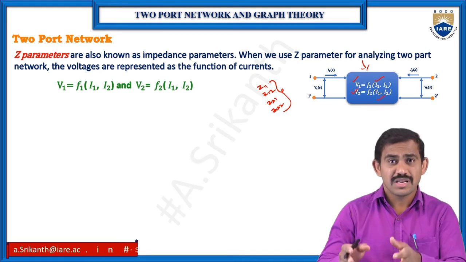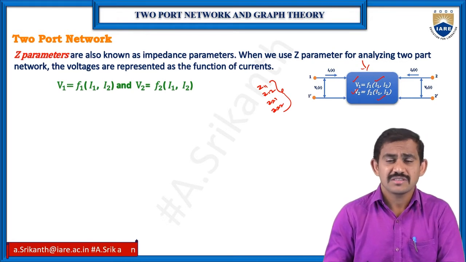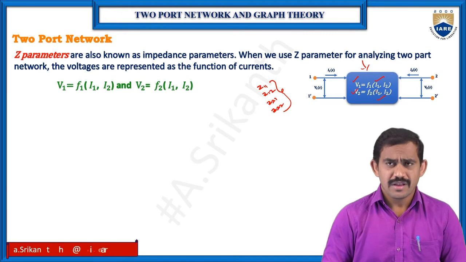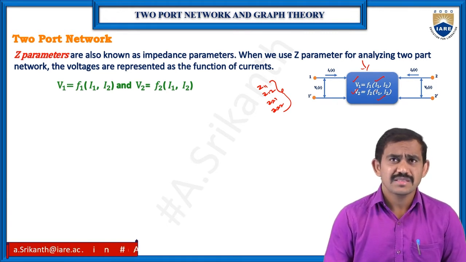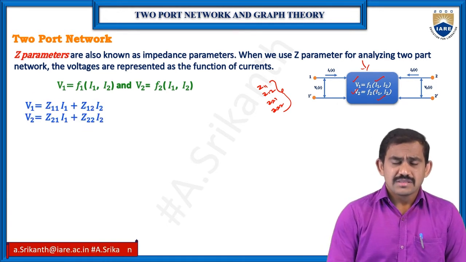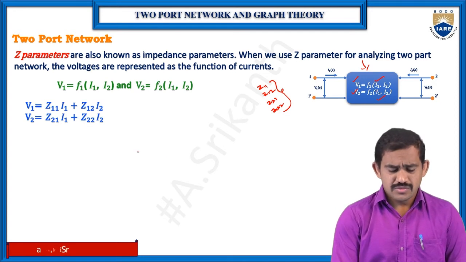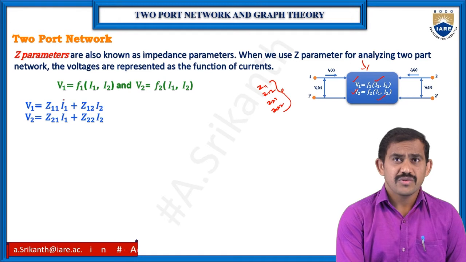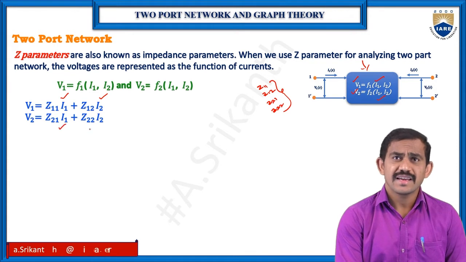Just remember that formation and those equations, and you can write the equation very simply. Now check the equation: V1 is equal to an expression in I1 and I2, and V2 is equal to an expression in I1 and I2.